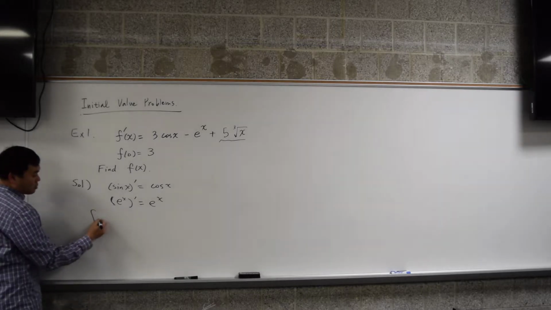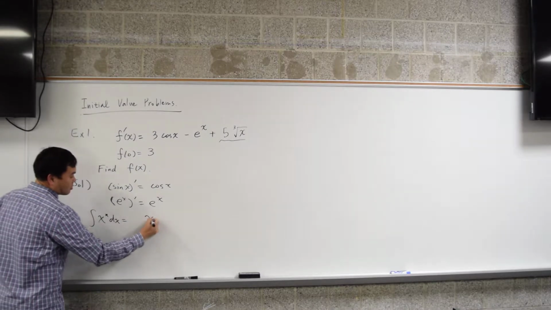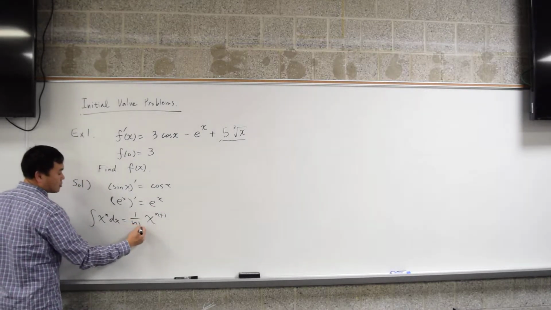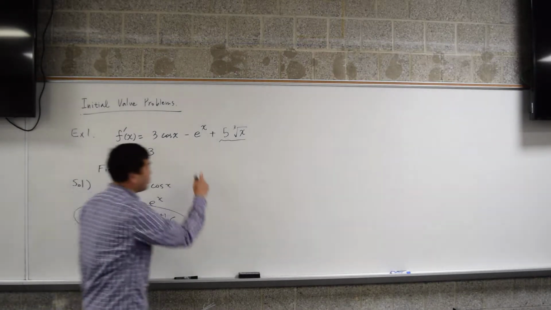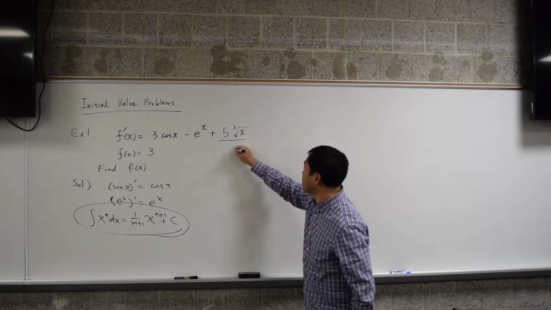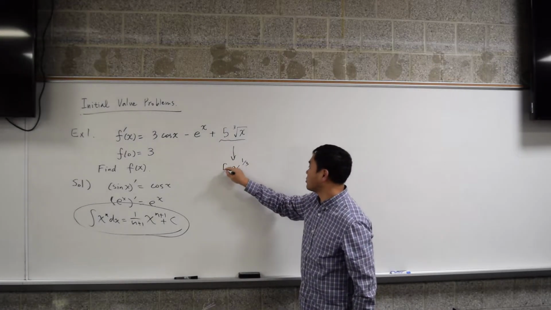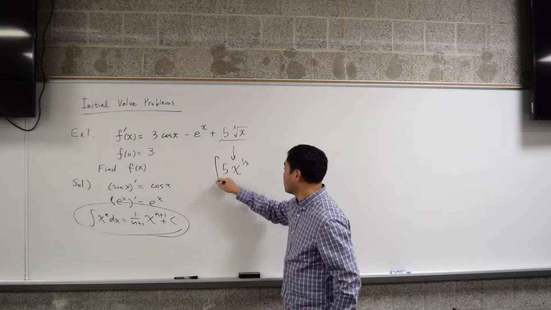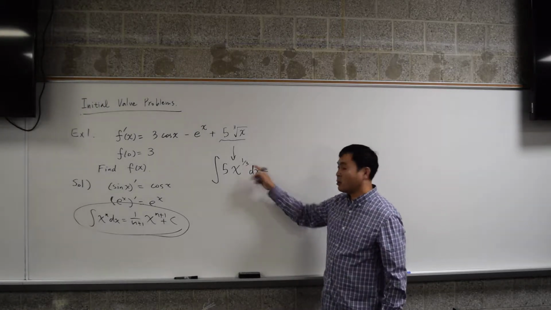What's the power rule? The integral of x to the n dx is x to the n plus 1, and then you put the reciprocal of this number in front. That's the power rule, and we apply it to our situation. This is x to the 1/3 power, and 5 is multiplied. To find the antiderivative, you add 1 to the exponent.